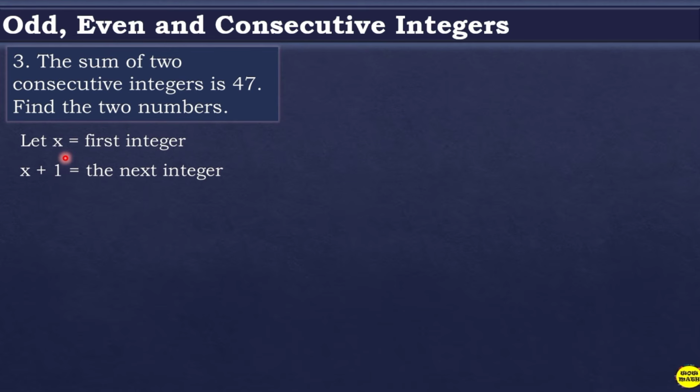Halimbawa, bakit plus 1? Ma'am, bakit nag-plus 1? So, halimbawa, kung yung integer mo ay 2, ang kasunod niya ay 3, tama? Diba nagpa-plus 1 lang tayo kapag ang kinukuha natin ay kung ano yung kasunod na number. That's why plus 1 po tayo dito. Okay? So, x plus 1. Yung x, yun ang hahanapin natin.